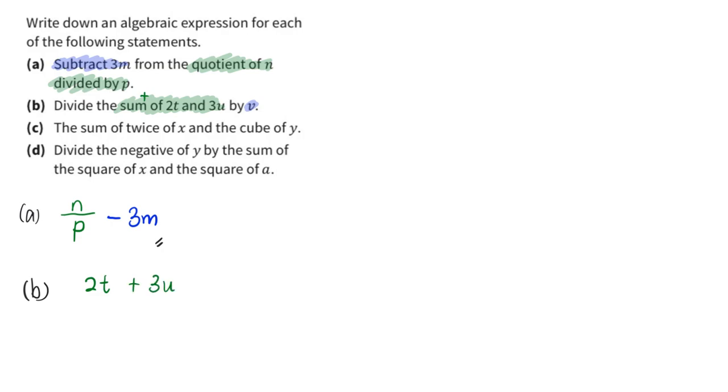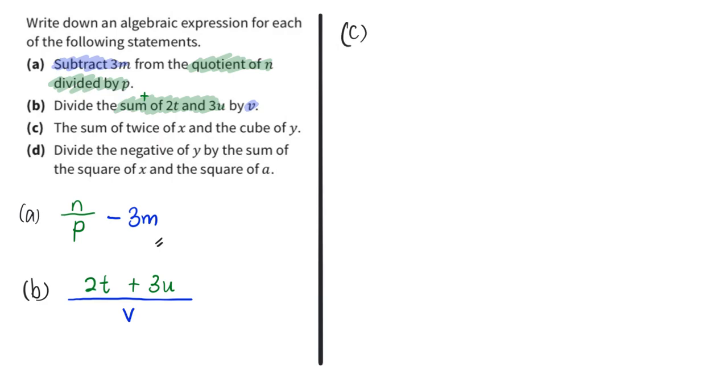After that, I divide the whole thing by v. Okay, so that's what it means. And next, for part C, I will have the sum of twice x. Twice of x means 2x.